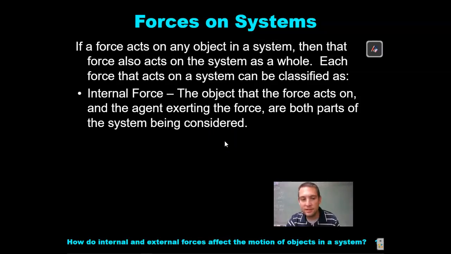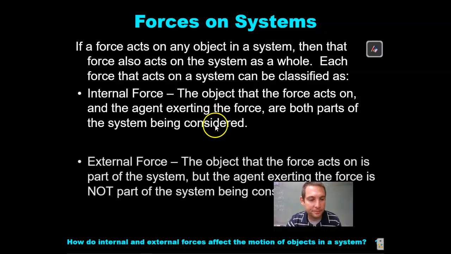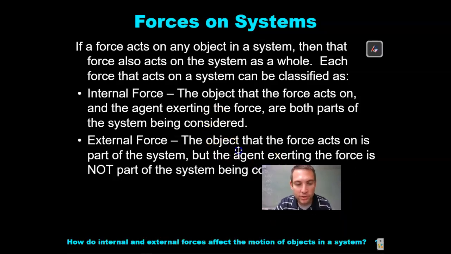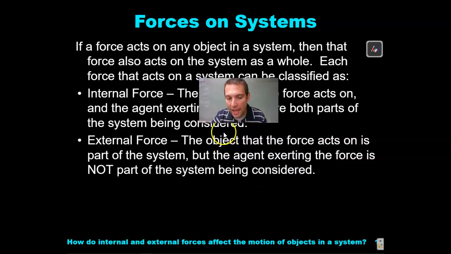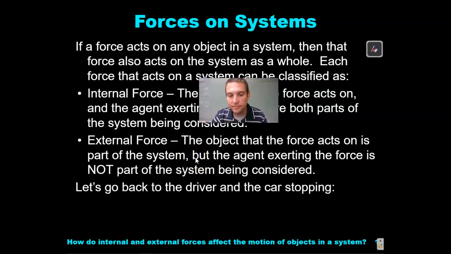Object, system. Seems like I'm saying it over and over again. It's a very particular way to word this. So objects, systems, agents, all of this stuff is very particular. An external force: the object that the force acts on is part of the system, but the agent exerting the force is not part of the system being considered.